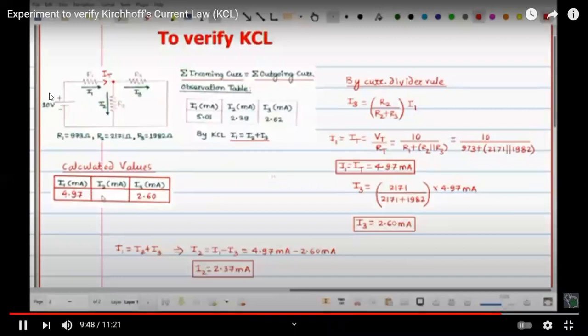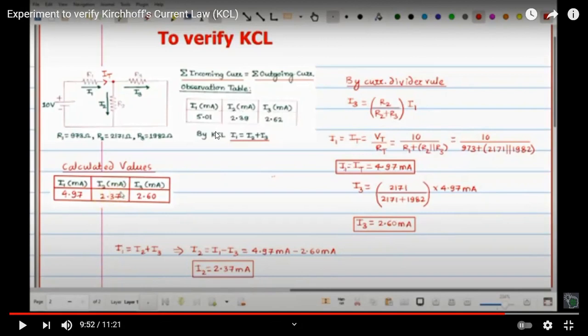So note down this value over here, 2.37 milliampere. Here you can see that first of all your measurable readings are there: I1 is equal to 5.01, then I2 is 2.39 and 2.62 is I3.